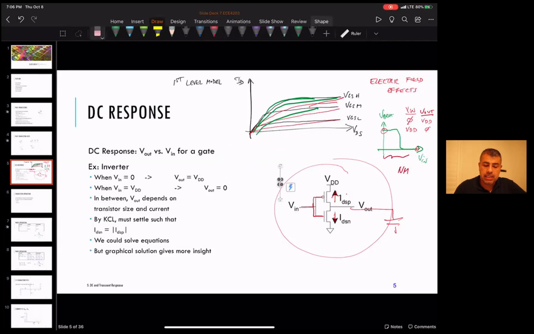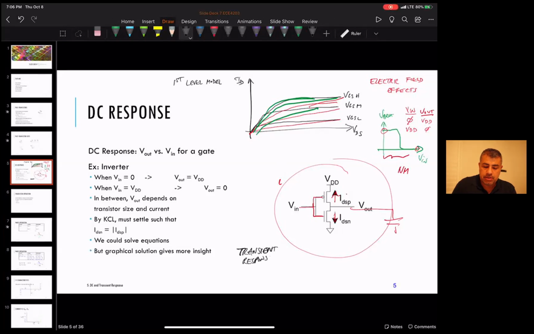And then the second thing is trying to figure out how fast this device is going for a certain transistor size, for a certain load. So the second thing we need to use these models for, to try to come up with some estimation models, is the transient response.